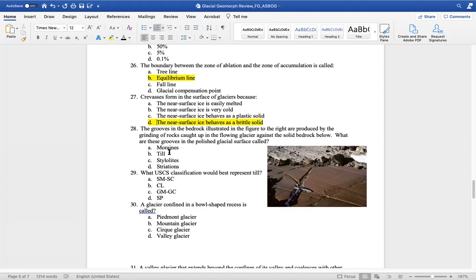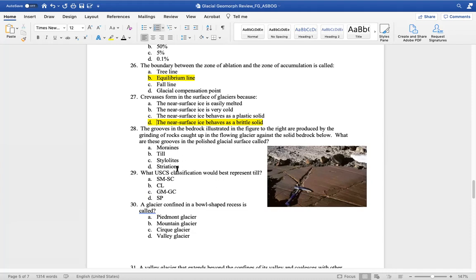And then what's till? That's just an unsorted, unstratified deposition of clay and sand and gravel. Stylolites, that's a nice word. Maybe I don't know what it means, so maybe I would choose that one.